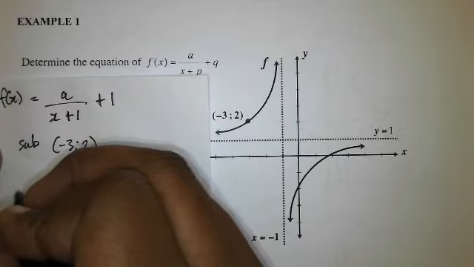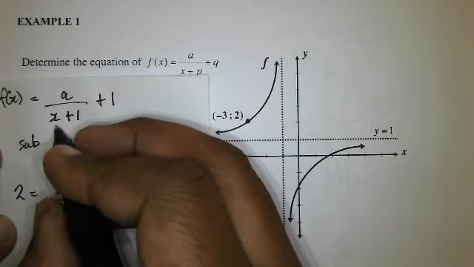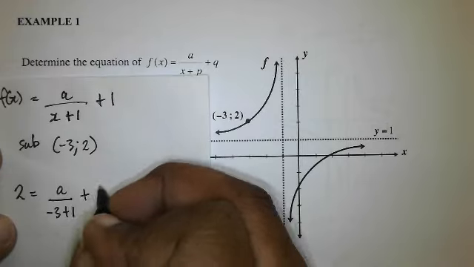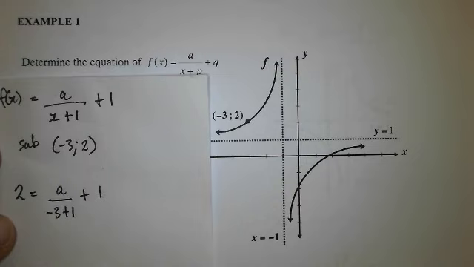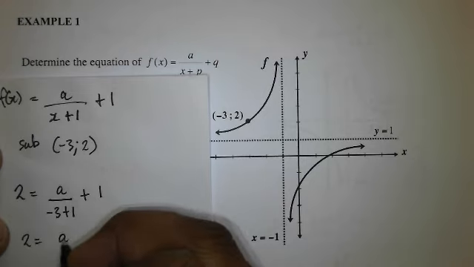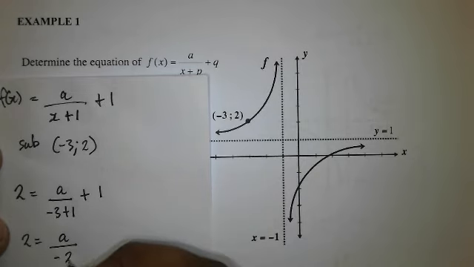So y equal to 2 equals a over -3 plus 1, plus 1. Now we're just going to solve this equation. 2 becomes equal to a over -3 plus 1, that's -2, plus 1.